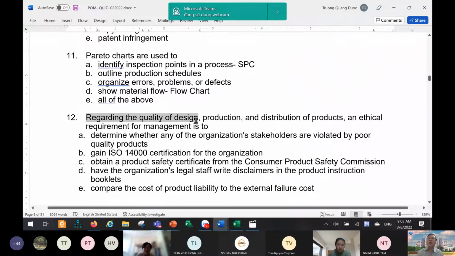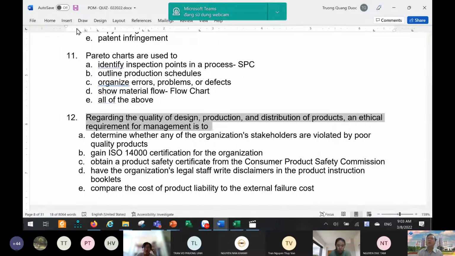regarding the quality design, production and distribution of product, an ethical requirement for the managers is what?